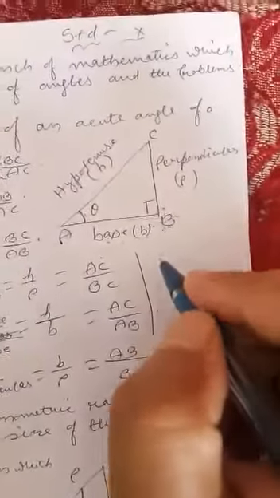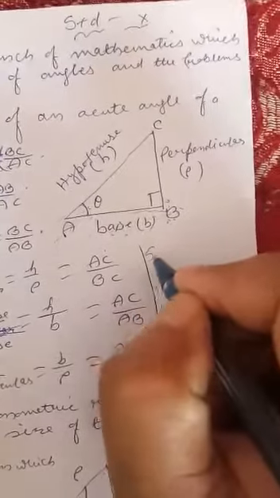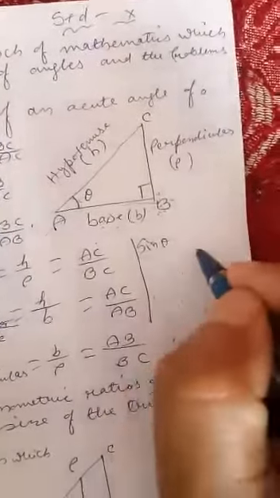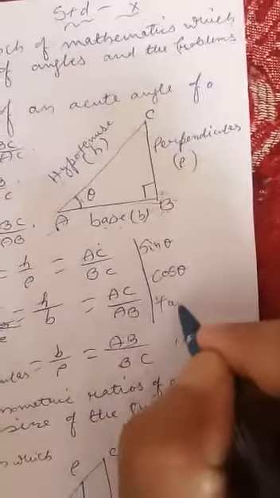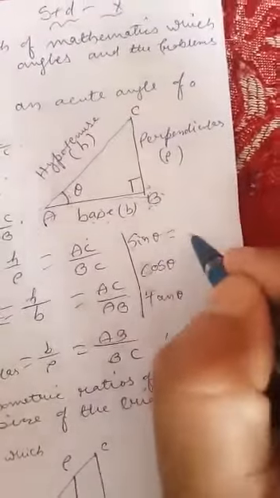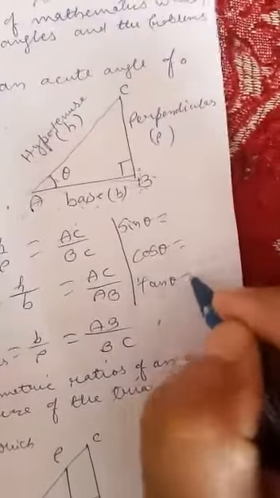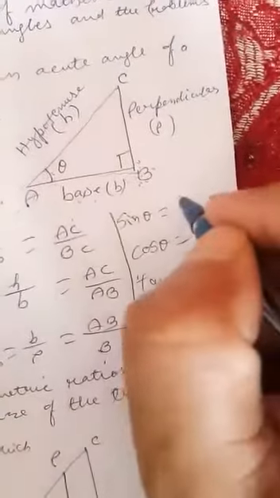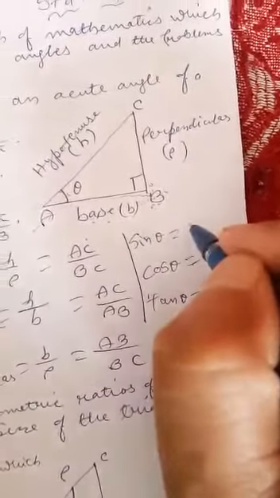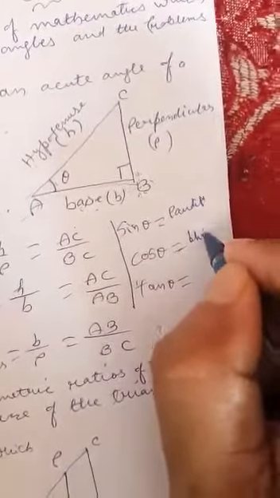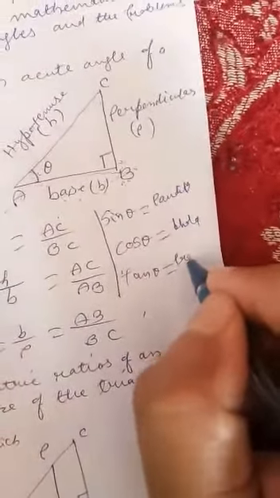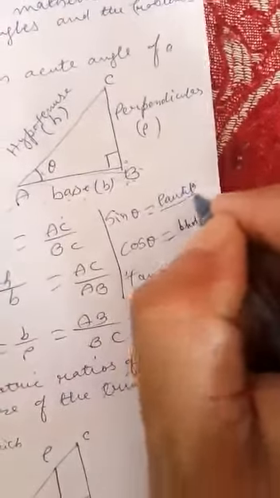If I write over here sin theta, cos theta, and tan theta, there is a maxim, so you can write here Pandit Bhola Prasad Hari Hari Bol.